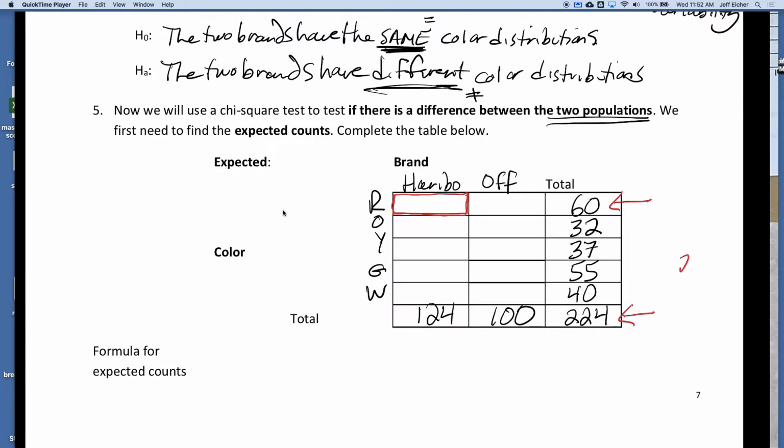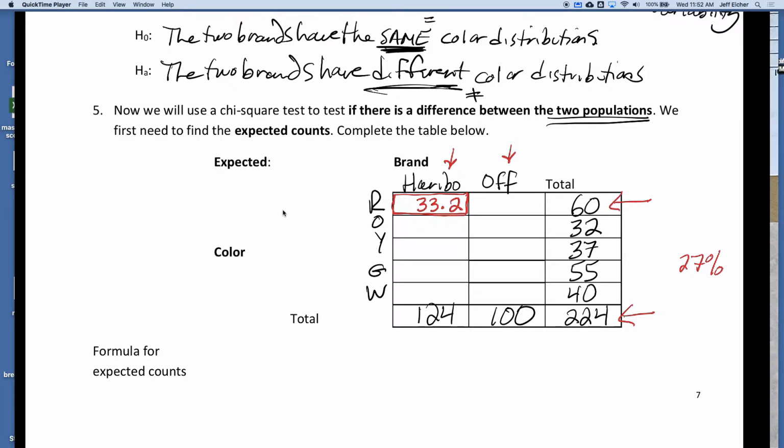That's 27%. We would expect 27% of each of these to be red if there's no difference. So we would do 27% of 124, which is 33.2. That's 27% of how many total Haribo we had.